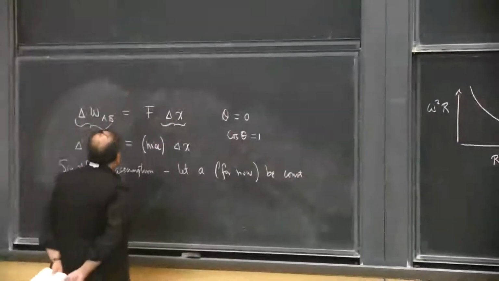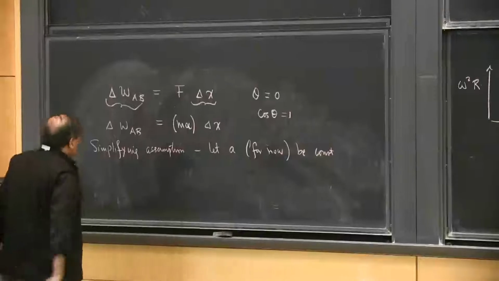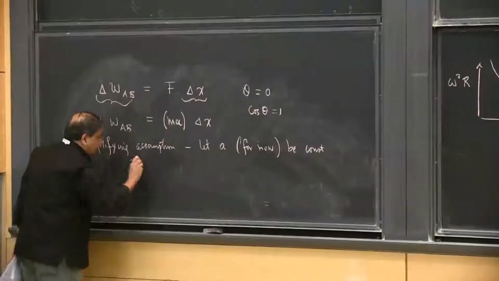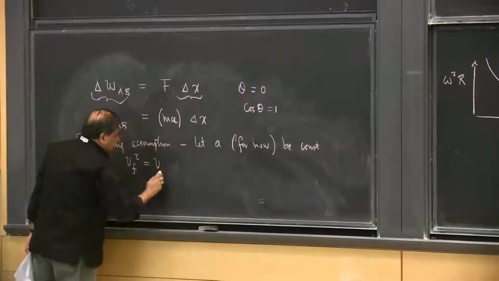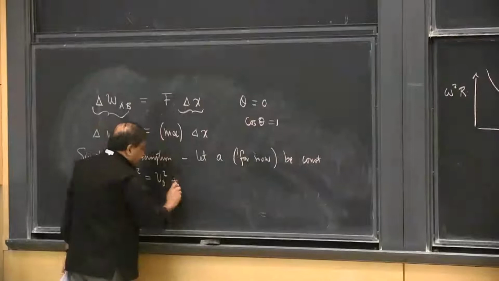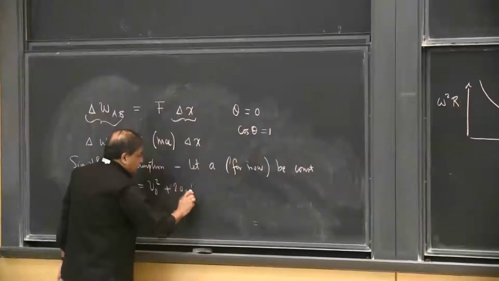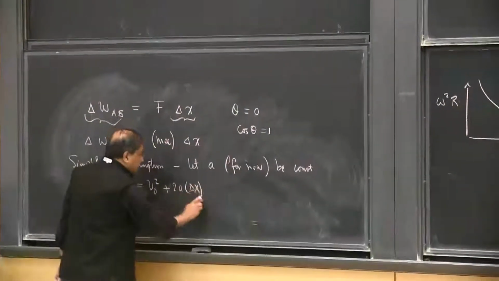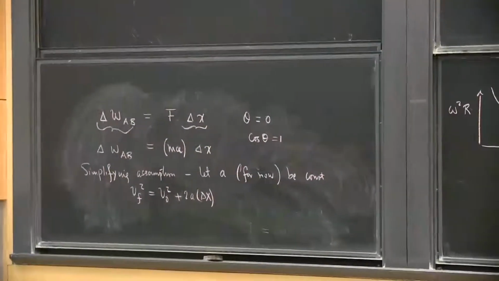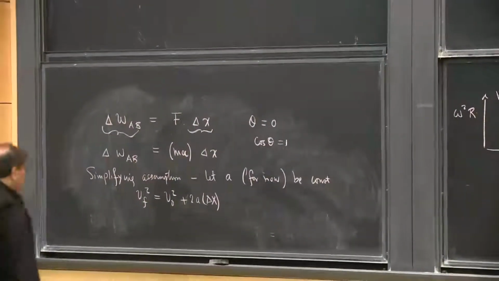So that's okay. Now we can use some kinematic relations, because I know that v final squared is v initial squared, or v0 squared if you will, plus twice acceleration times distance traveled, which I call delta x. I should be able to write this, right? This is our old friend. You should be happy to see this guy.